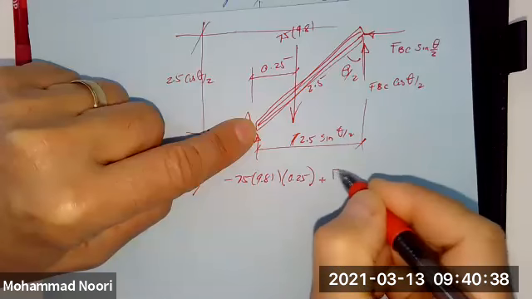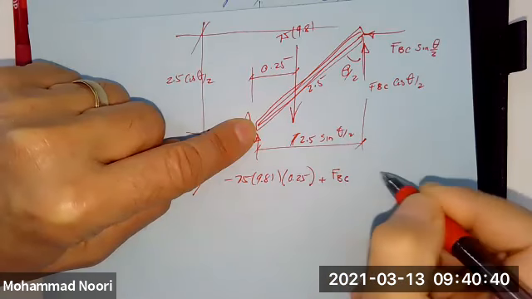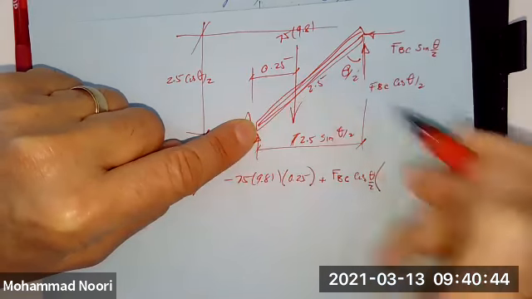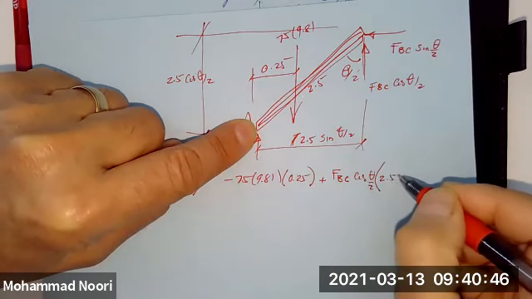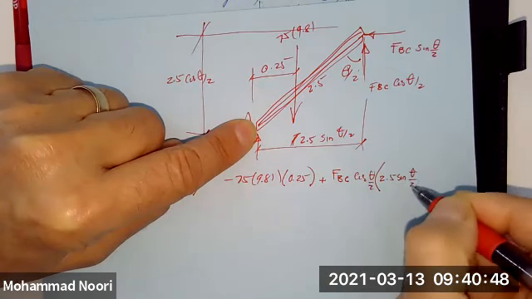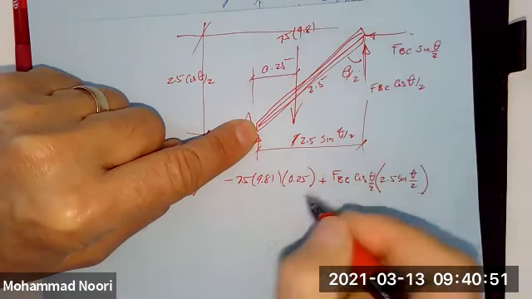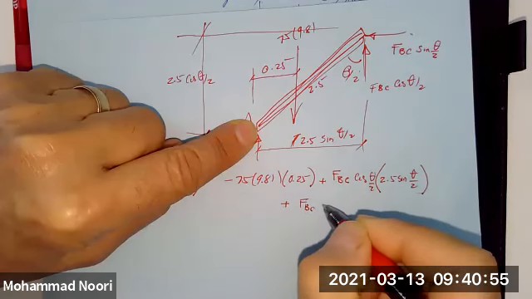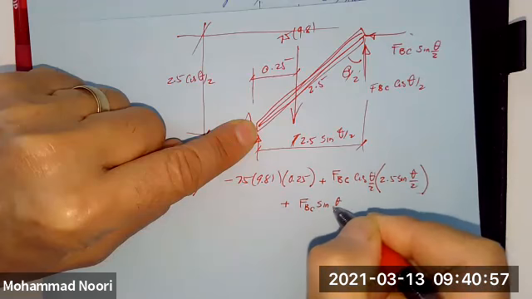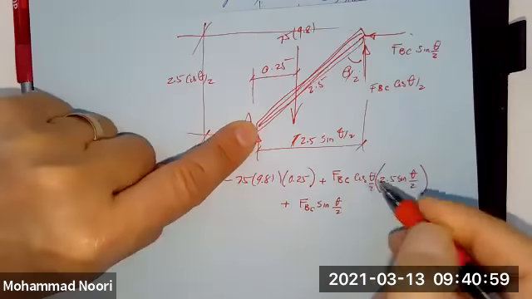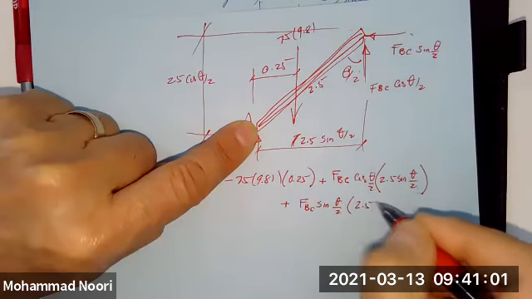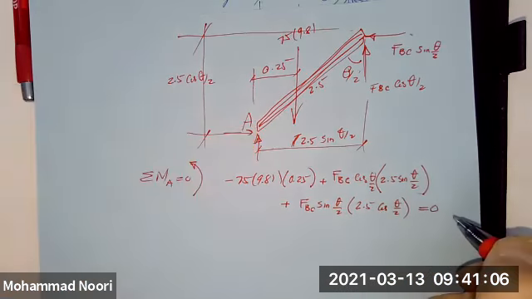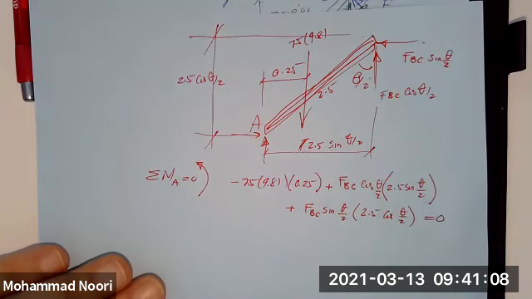So you have plus FBC cosine of theta over 2 times this distance, which is 2.5 sine of theta over 2. And then this one, also positive. So you have FBC sine of theta over 2 times this distance, which is 2.5 cosine of theta over 2 is equal to 0. So that's better, cleaner.